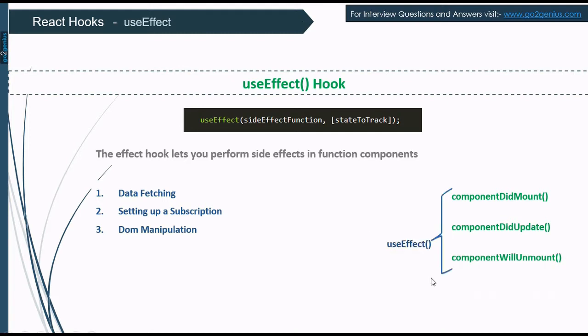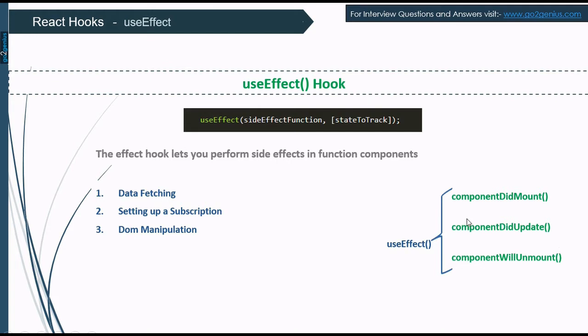So instead, we have the useEffect hook. Whatever we can do inside these lifecycle methods, we can also do inside the useEffect function. Our useEffect function runs after every render, meaning when our component mounts, then useEffect runs.